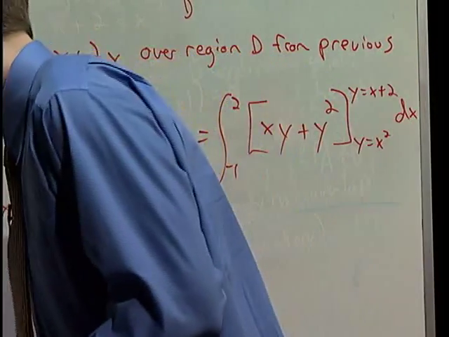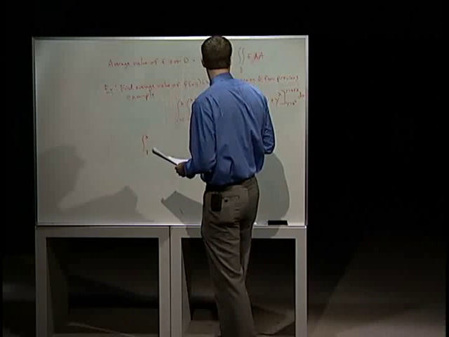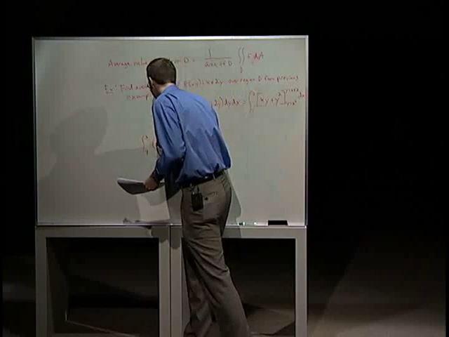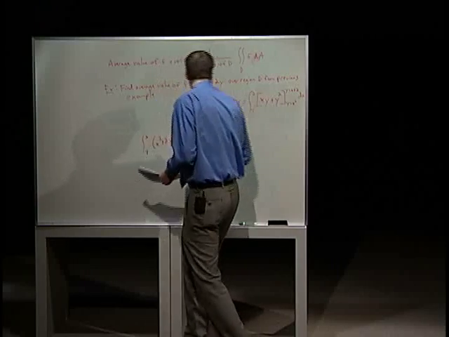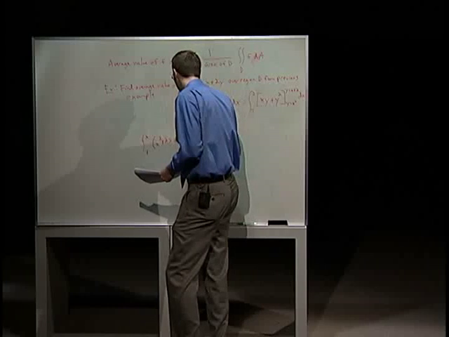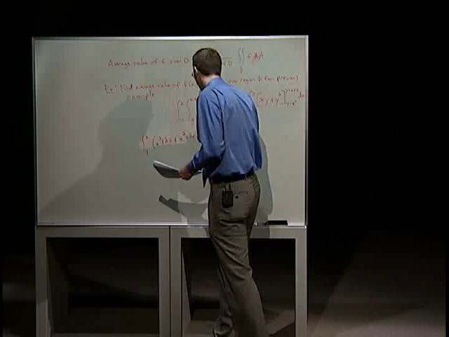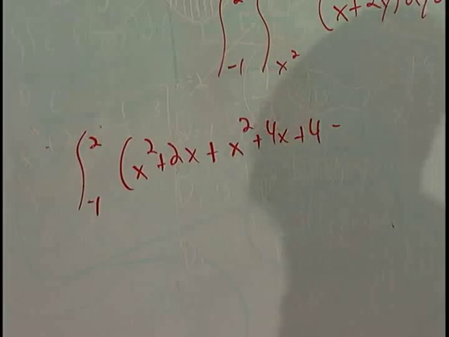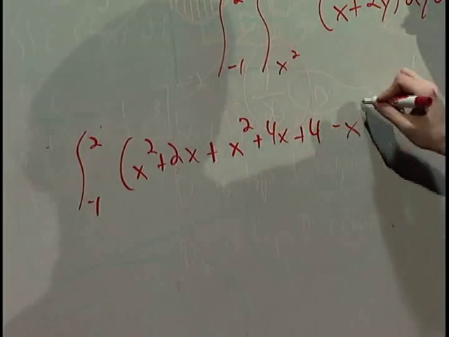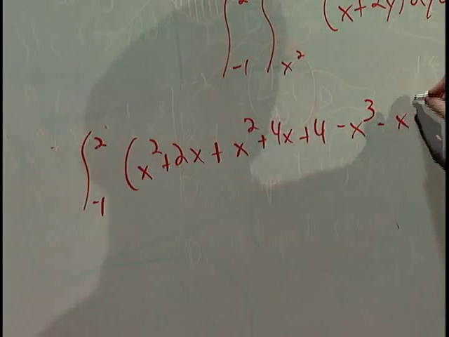So integral from -1 to 2, you get x squared plus 2x, plus x squared plus 4x plus 4, minus x cubed and minus x to the 4th.